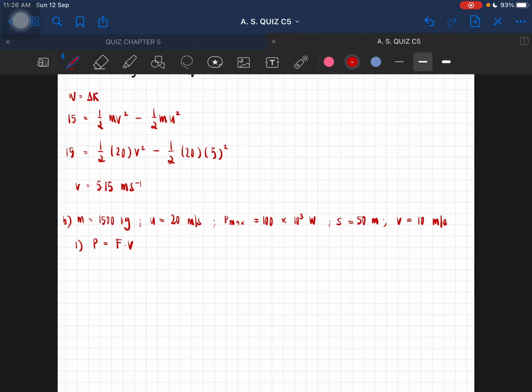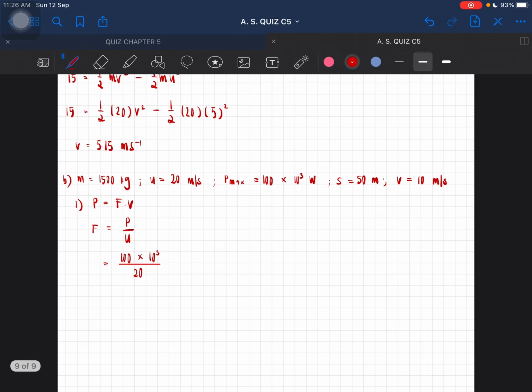This is only used when the force is constant and the velocity is constant. So F is P over v, which is the maximum power, 100 kilowatt divided by the initial velocity, which is 20. Then you should get the constant force to be equal to 5,000 Newton.